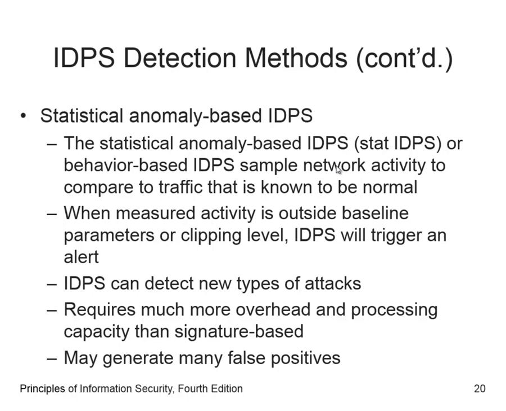Unfortunately, however, these systems require much more overhead and processing capacity than signature-based ones, as they must constantly compare patterns of activity against the baseline. Another drawback is that these systems may not detect minor changes to system variables and may generate many false positives.